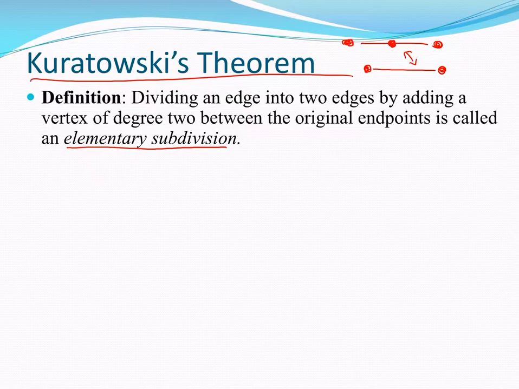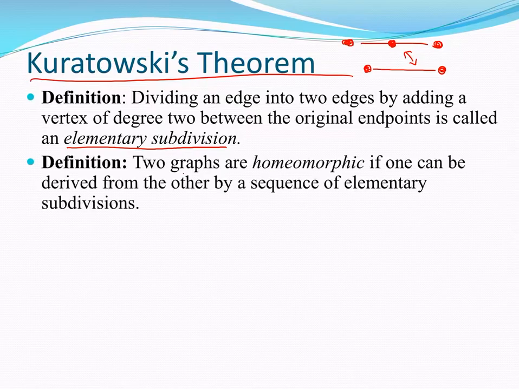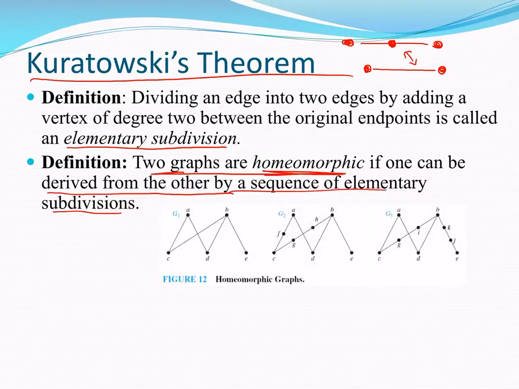undoing the elementary subdivision. And the next definition takes advantage of that operation by saying that two graphs are homeomorphic if one can be derived from the other by a sequence of elementary subdivisions. Here's an example.